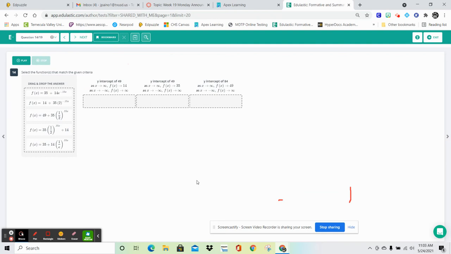All right, select the function that matches the given criteria. So we got y-intercept of 49, right end behavior approaches 14, left end behavior approaches infinity.